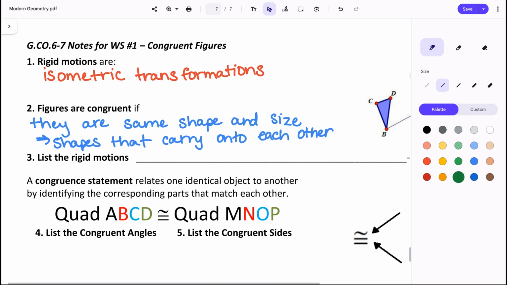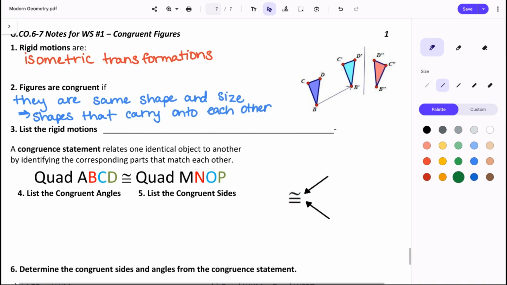And the rigid motions that we've already mentioned today that we've been working with are reflections, rotations, and translations. And in that picture on the top corner of your page, it's showing you a little bit of those things.